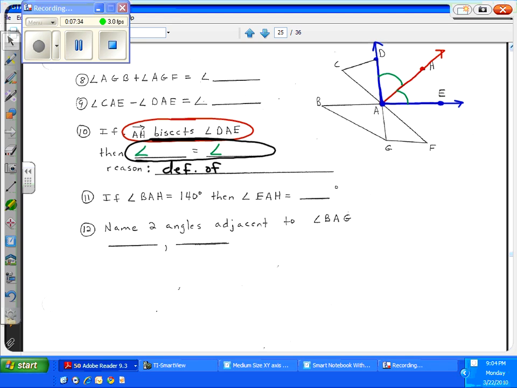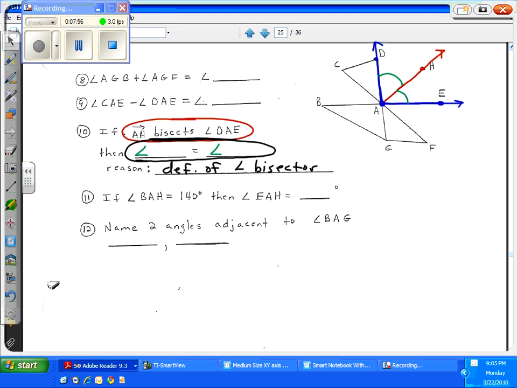So our reason would be definition of angle bisector. Definition of. We had the word and what we got out of it. Definition of. Any questions on that? Okay.